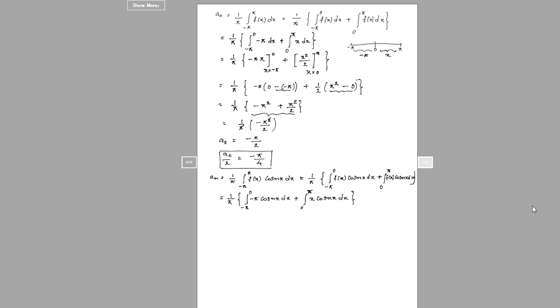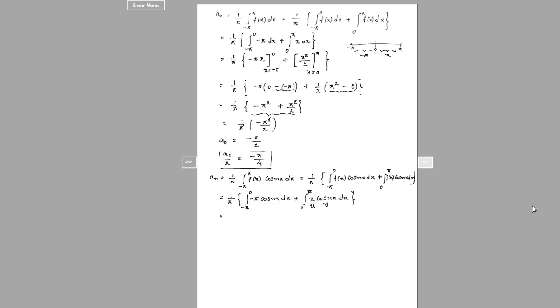So in the first term, we need not apply Bernoulli's rule, but in the case of the second term, we have function of x into function of x, so we should apply Bernoulli's rule as I explained earlier. So we can consider the algebraic term as u, and we can consider the trigonometric term as the second part v.